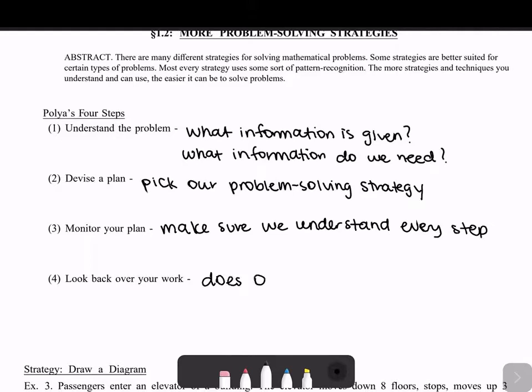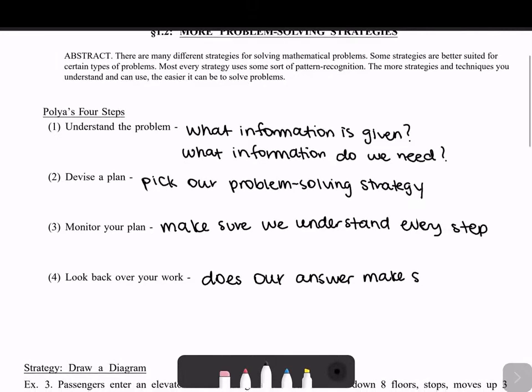does our answer make sense? Does it make logical sense, right? Any real world problem has to make sense in the context of the real world. We can't have negative time or money.